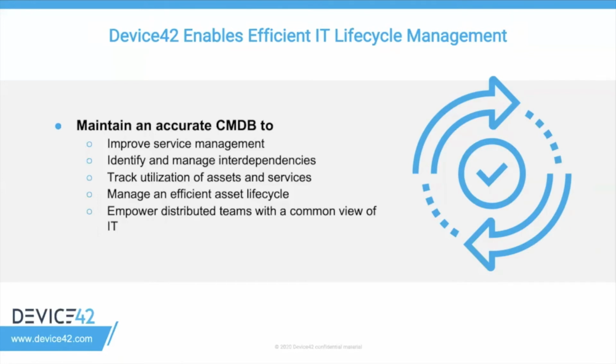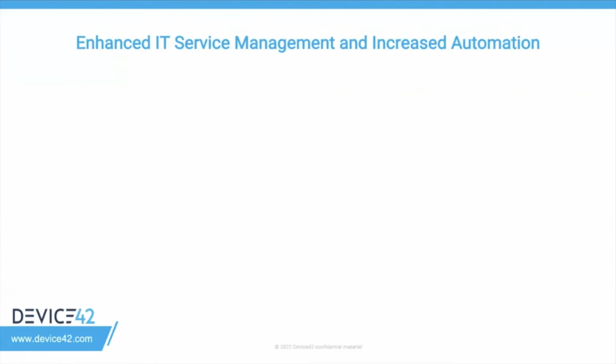Device42 can also help you track and visualize your hardware, software, and application dependencies. Device42 can help you understand your utilization of assets and services to help you rebalance your precious IT resources and then maintain them throughout the lifecycle. Device42 can be shared across teams and different stakeholders, providing valuable insights into the environment.